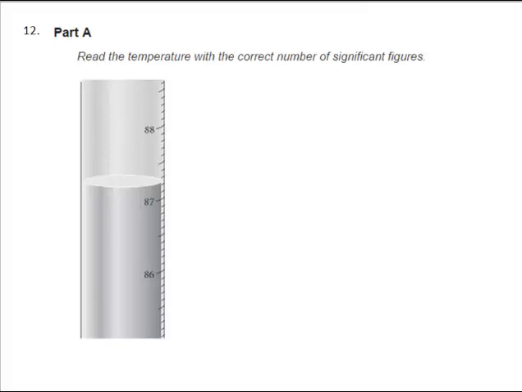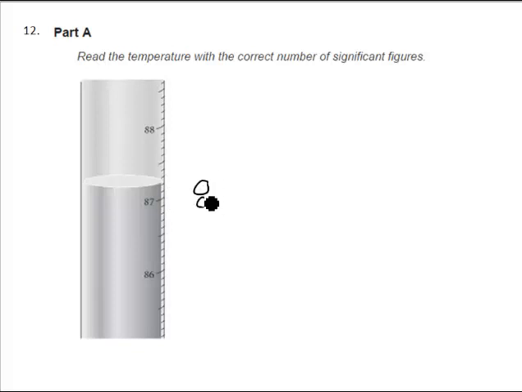Question 12. So this is just a measurement. Do we know how to use these devices to make measurements? And remember, what we do is we always go to the digit that we all agree on.